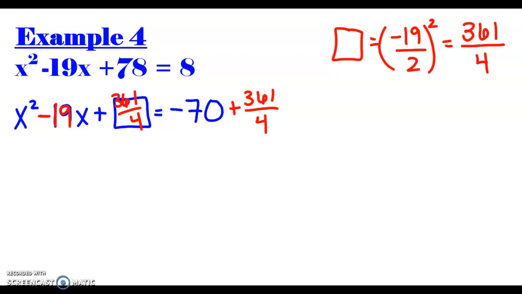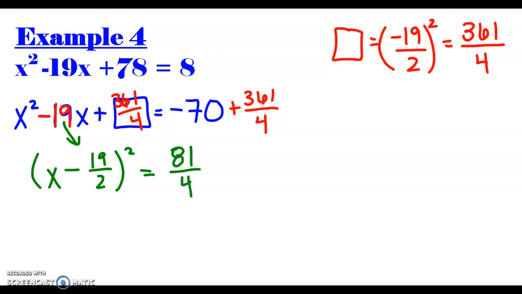So same concept, ugly, because you have fractions now. So we'd have x minus 19 over 2 squared, because it's still always going to be half of b inside your binomial there, equals 81 over 4, which is what I get when I add the 361 over 4 to negative 70.